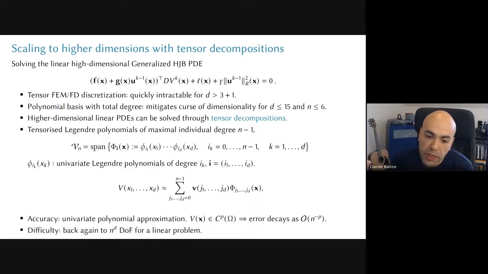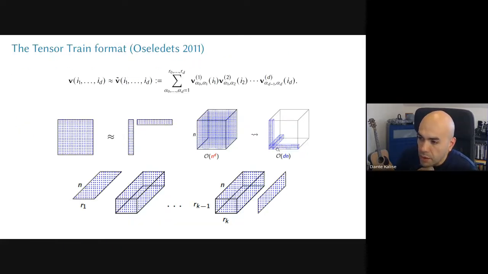The problem, of course, is that my original PDE was nonlinear, but now I'm in a setting where I have a sub-problem that is a linear high-dimensional problem, and for that I can do the following. There is this thing that dates from 2011 that is called the tensor train format, and this is the following idea. This is not very difficult to grasp.